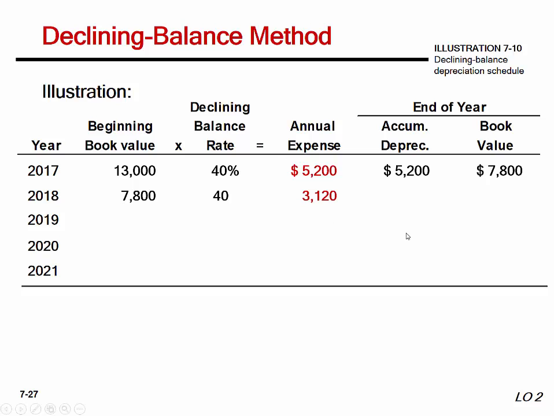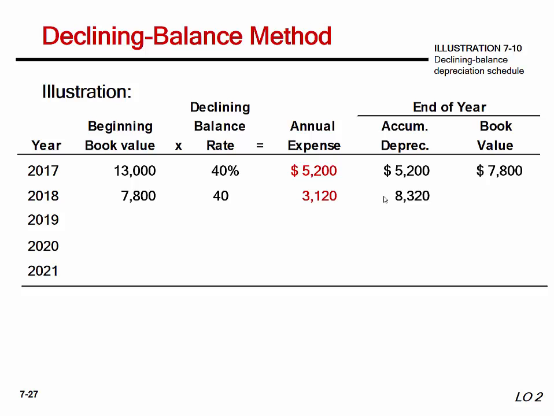That means that my number that goes right here is last year's amount plus what we're just now putting into it. Once we do that, we've got a total of $8,320 sitting in accumulated depreciation, and we can calculate book value again.